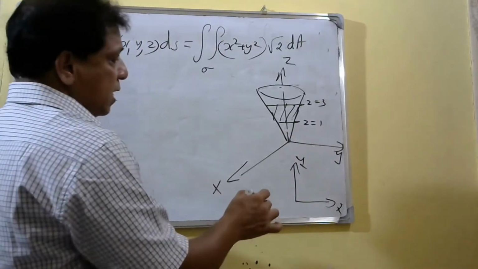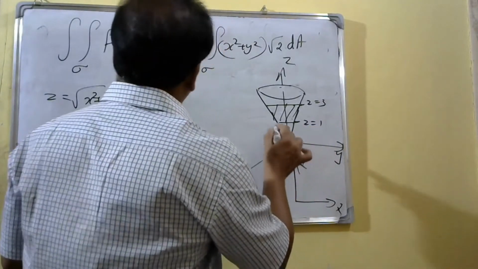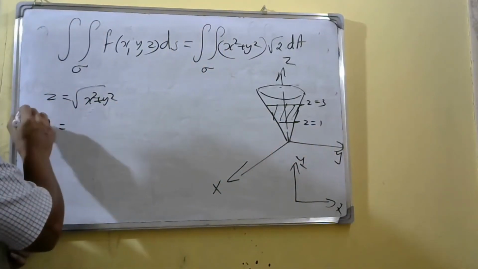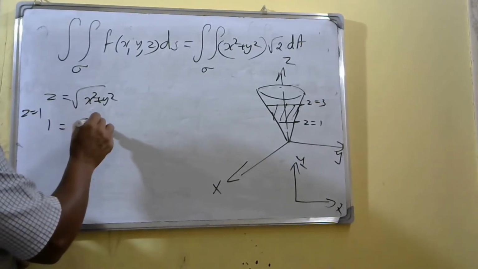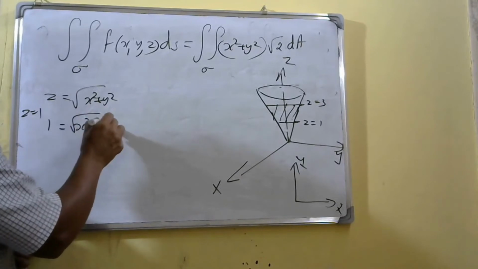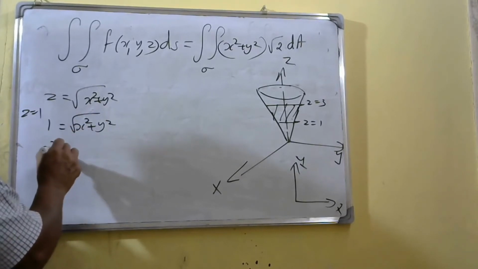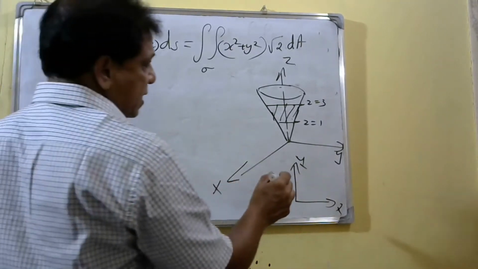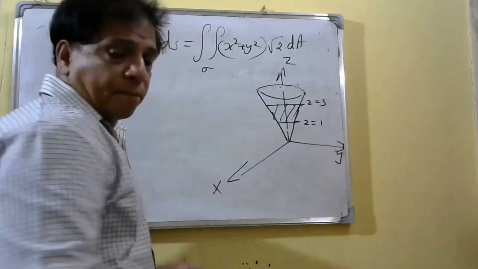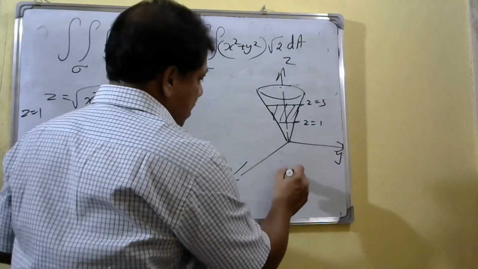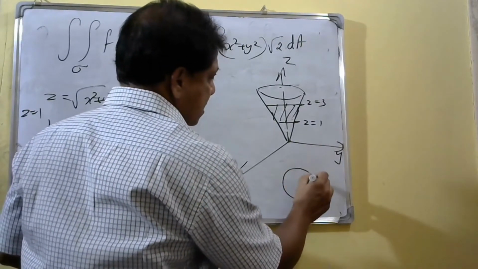When we project it here, we get two circles. When we put z equal to 1, 1 is equal to root of x square plus y square. Therefore, x square plus y square is equal to 1. We get a circle with radius 1.